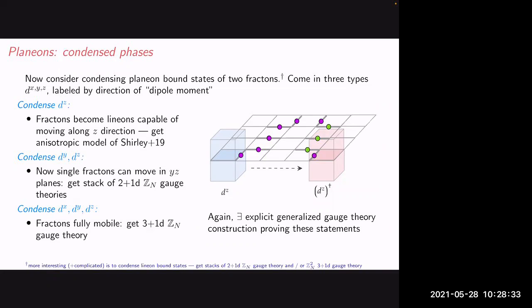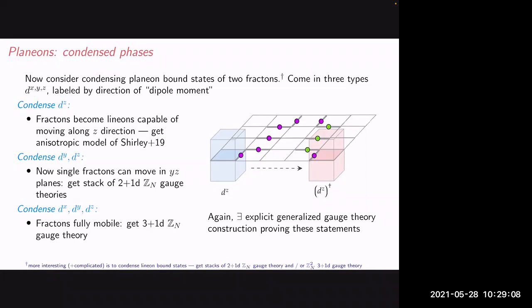And so a natural guess, which is indeed borne out in some explicit generalized gauge theory construction, is that the phase that you get upon doing this condensation is, again, a stack of deconfined 2+1d Zn gauge theories. In this example, if I'm condensing y and z, then these stacks would be in the YZ planes. And the gauge charge of each gauge theory in the stack would be identified with an isolated fracton.